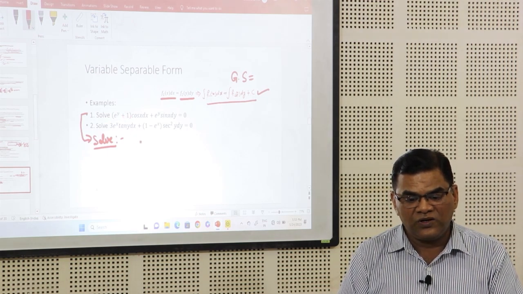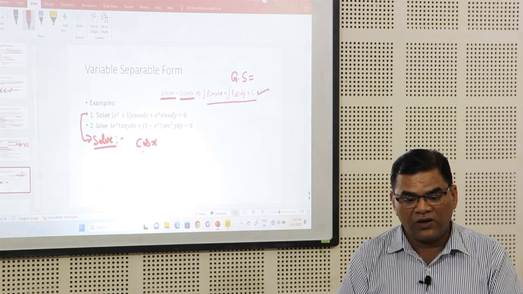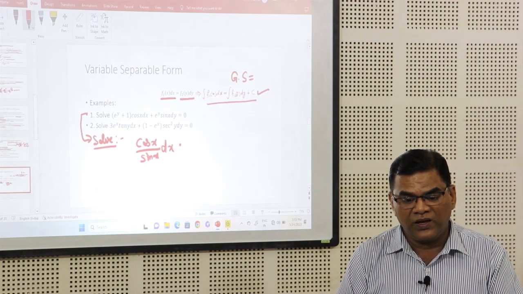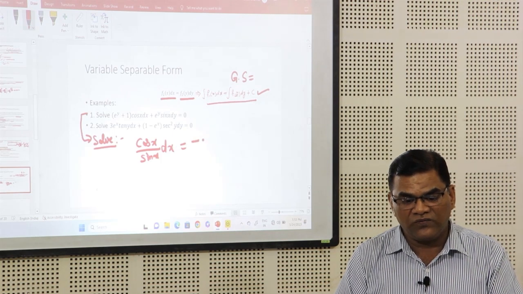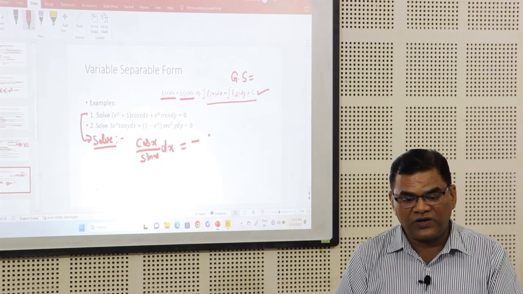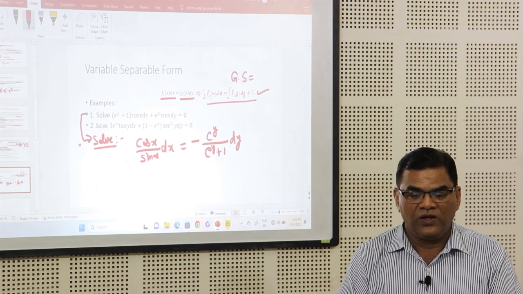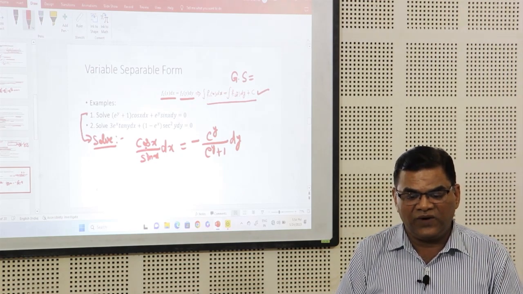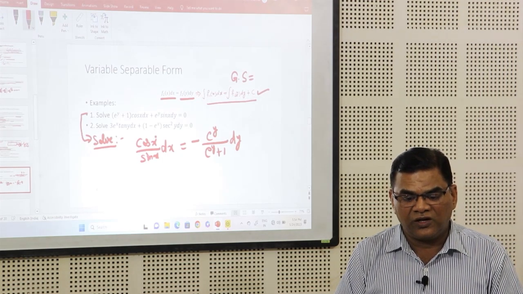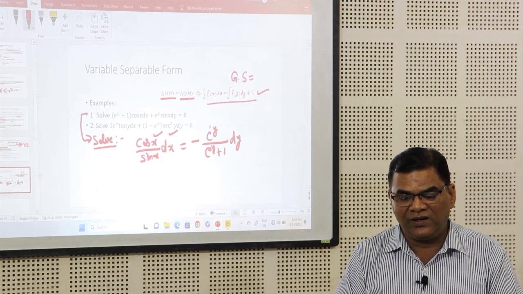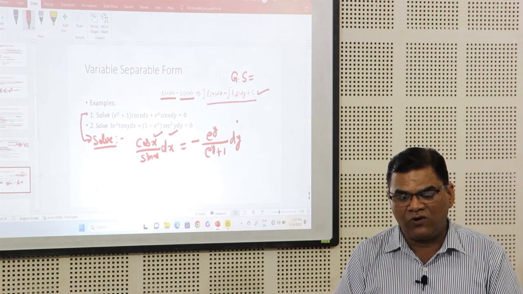So, we have the form cos x upon sin x on simplification is equal to minus e^y divided by (e^y + 1) into dy. So, we can easily see that the variables are separated: the terms or functions of x are lying on the left side and the functions of y are lying on the right side of the differential equation.